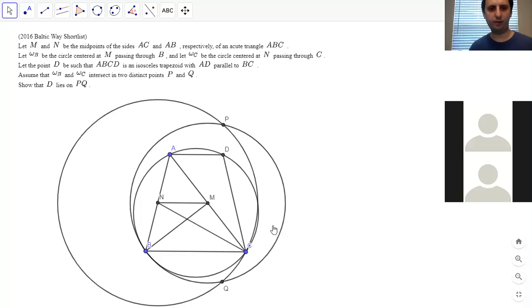So we want to show D lies on the radical axis, so we take the difference between the powers. We want to show DN squared minus DM squared is the difference between the two radii squared. So we know BM and CN, and then DN and DM. How do we find DN squared and DM squared?